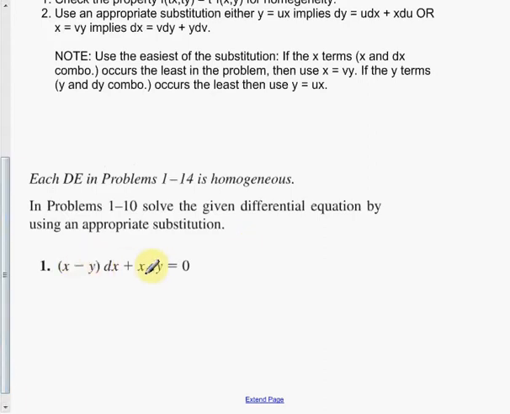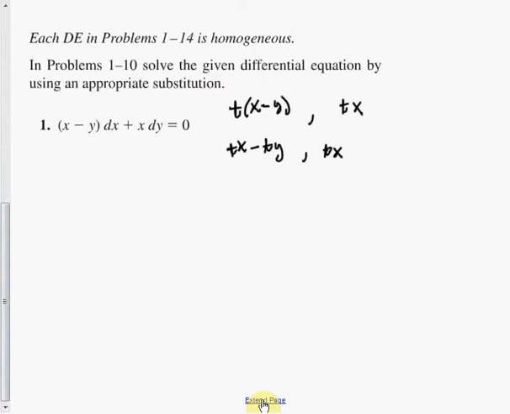But if we take x minus y, if you replace the x with t times x and the y with t times y, so we have x minus y here times a t, and over here we have this t times x. So this is tx minus ty, and this is just tx. For this problem, it's very easy because it's just x minus y and x, so you don't really see the use of it.